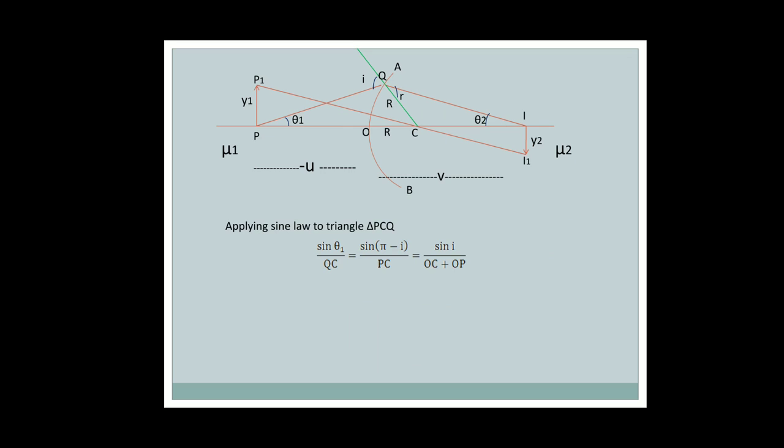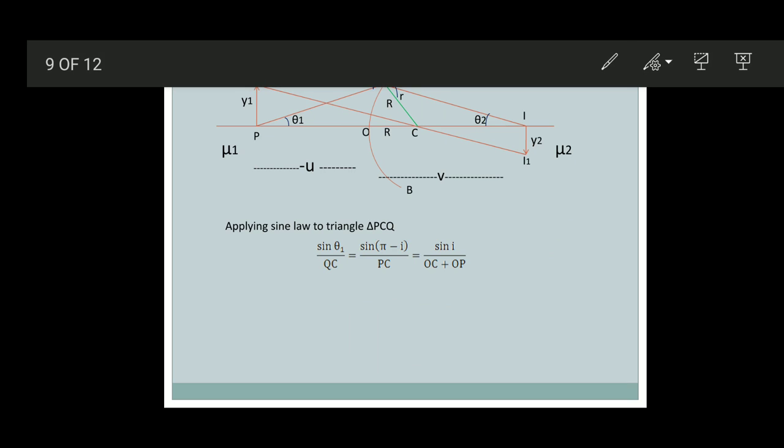Now we apply the sine law to triangle PCQ. Sin theta 1 by the opposite side QC is equal to sin (pi minus i) by the opposite side PC.